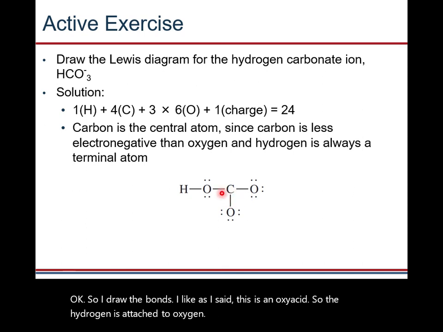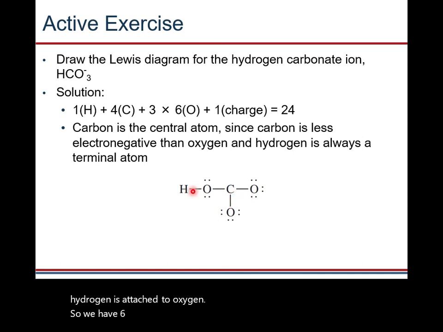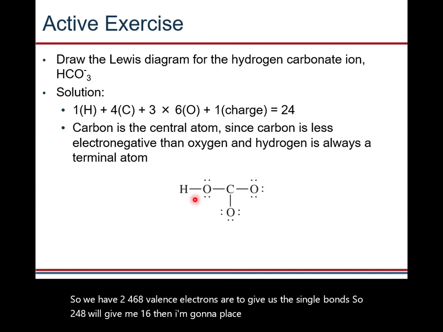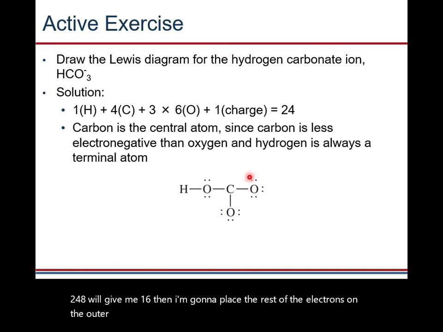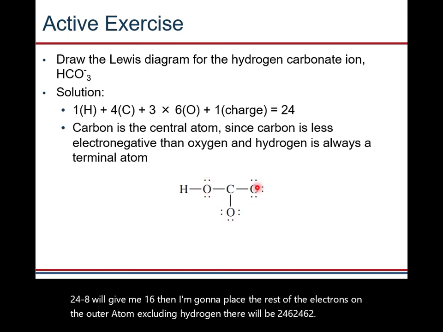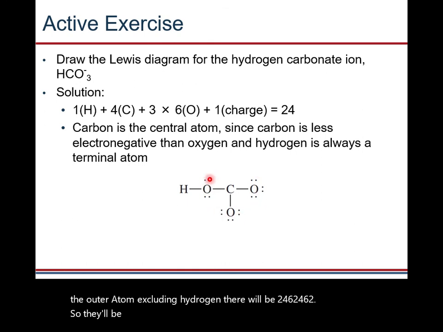So we have 2, 4, 6, 8 valence electrons to give us the single bonds. So 24 minus 8 will give me 16. Then I'm going to place the rest of the electrons on the outer atoms, excluding hydrogen. That'll be 2, 4, 6, 2, 4, 6, 2, 4, 6. So that'll be 6 and 6, 12, plus 4 is 16. I had 16 left, so I don't have any electrons left for carbon.